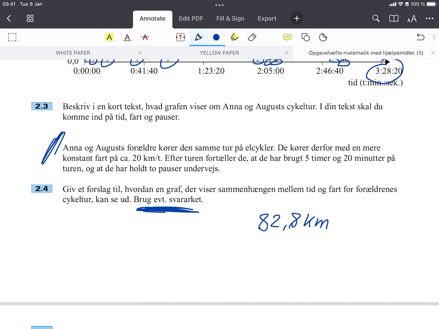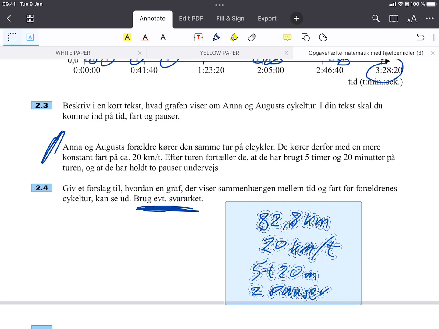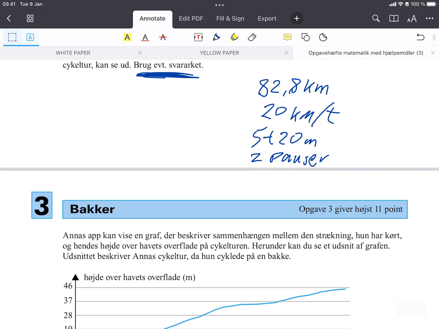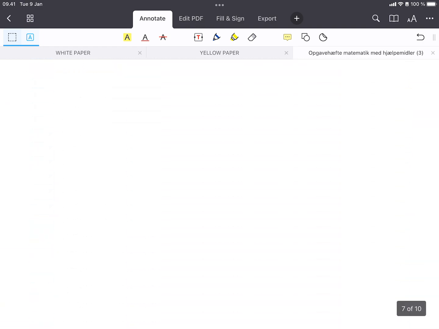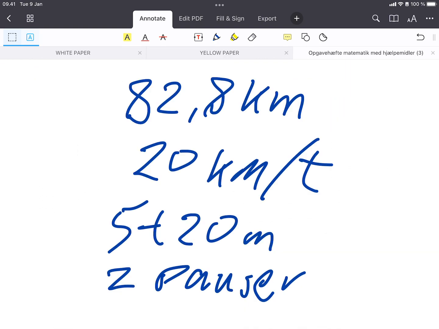The journey is going to take 5 hours and 20 minutes, and they're going to take 2 breaks. So I'm just going to borrow that information, go over to my graph, just going to paste that guy. Okay, so we've got the key information, 82.8 kilometers and 20 kilometers per hour.